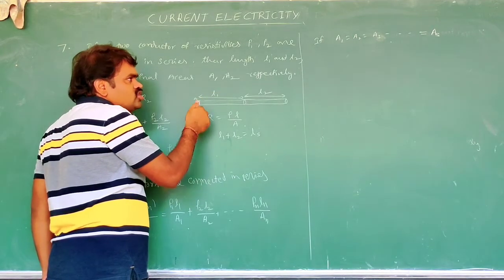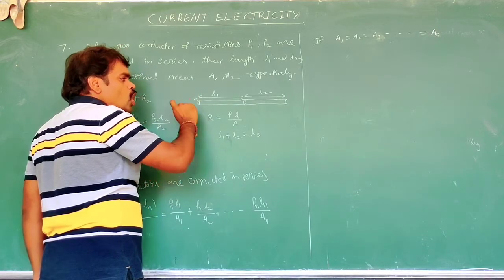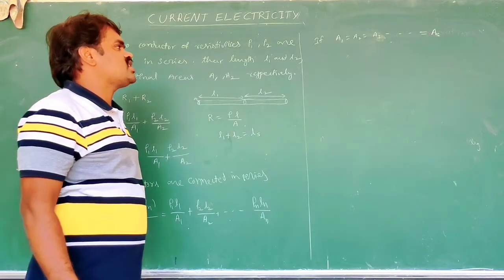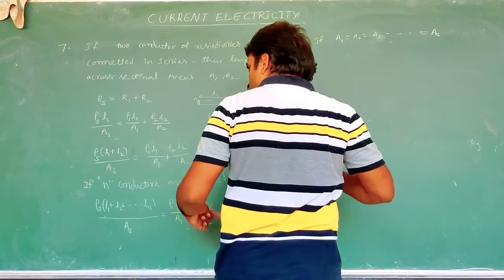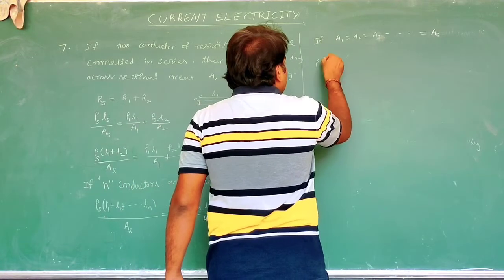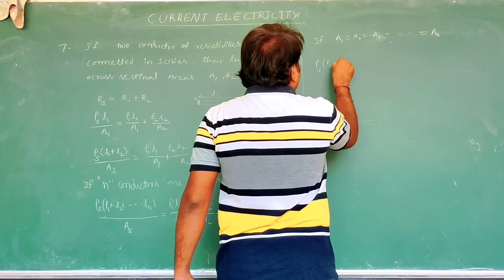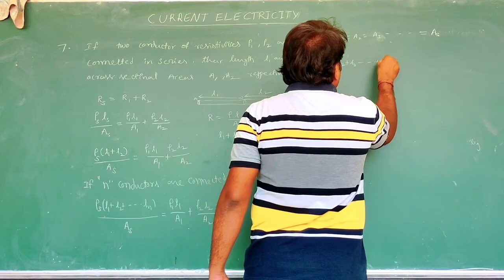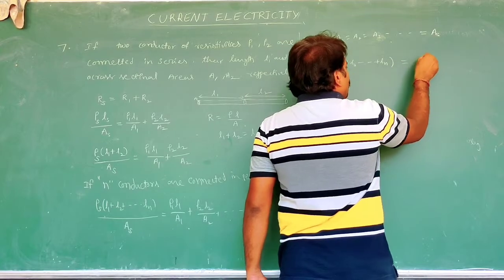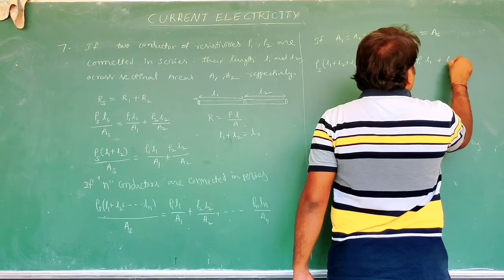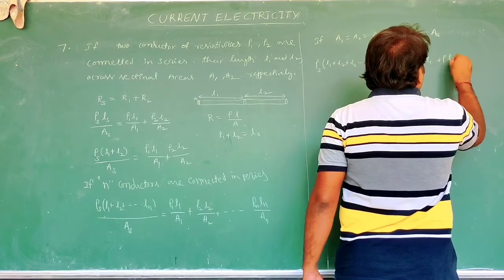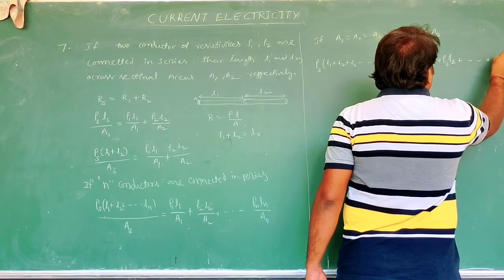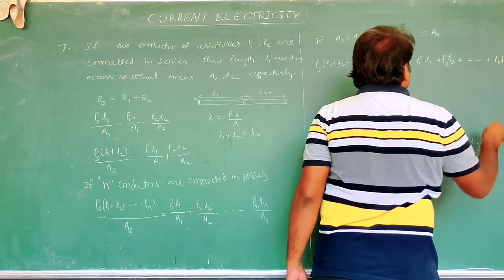That's why we considered all these conductors having the same cross sectional area. Then what about the formula here? That is rho S into L1 plus L2 plus L3 plus dash dash plus Ln is equal to rho 1 L1 plus rho 2 L2 plus dash dash dash plus rho n Ln.